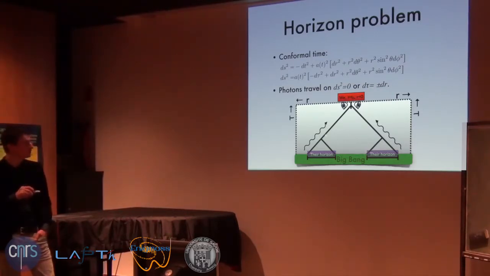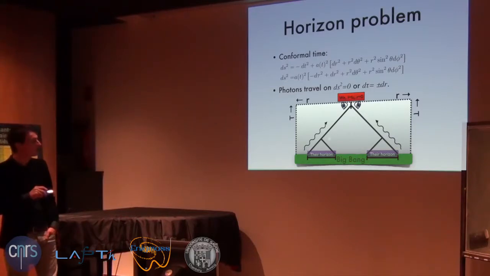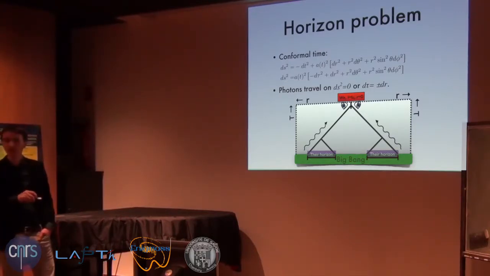But moreover, when we look at the CMB, we see many points in the universe that cannot know about each other, because their past horizons do not overlap, so they have no single bit of information that can be the same. So they cannot be correlated.